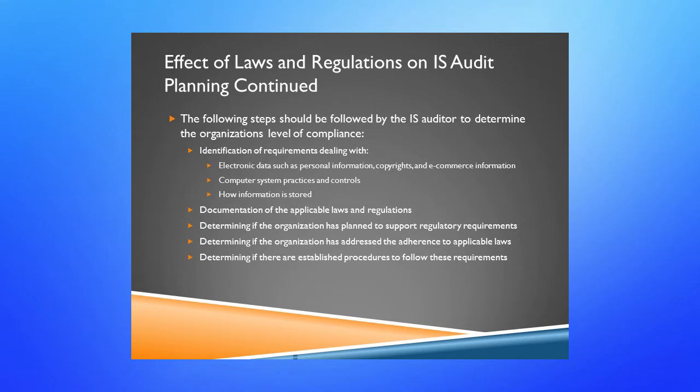You should also be looking at the documentation of the applicable laws and regulations, determining if the organization has planned to support those regulatory requirements, making sure you know if the organization has addressed any adherence to the applicable laws, and if there are established procedures that they use to follow those requirements.